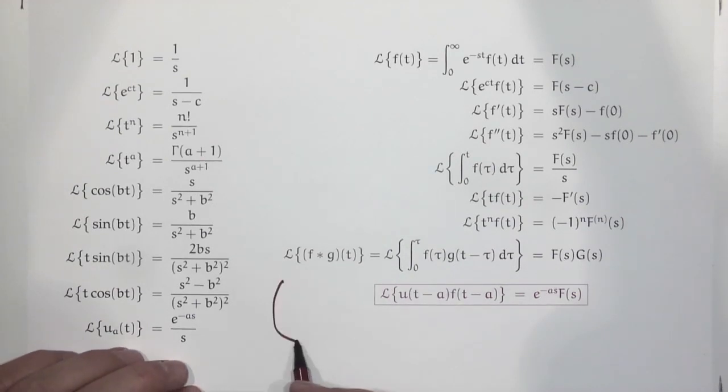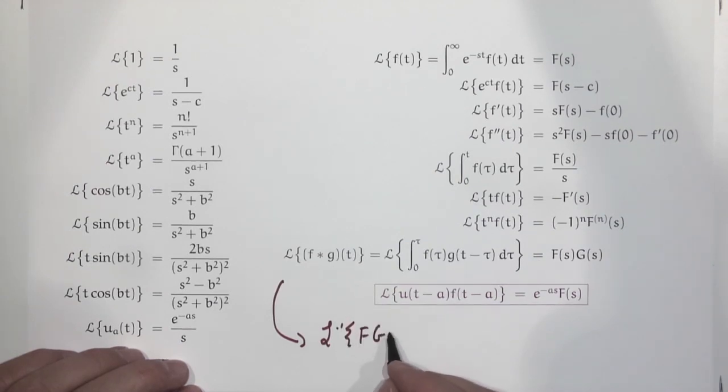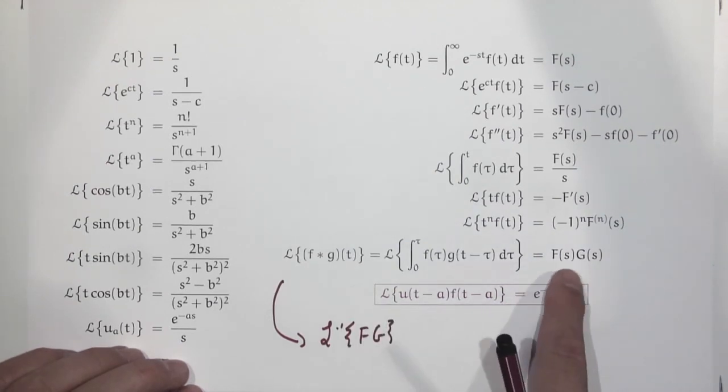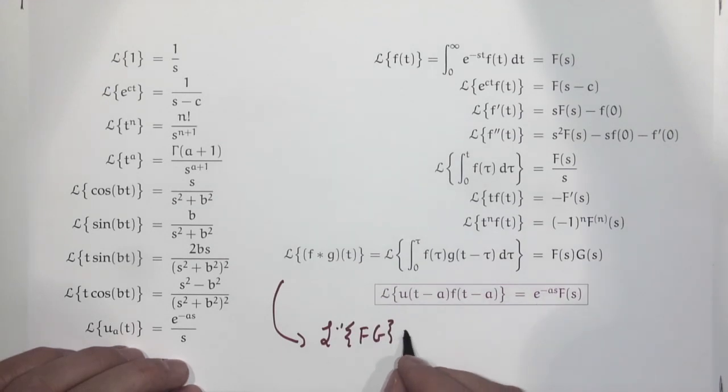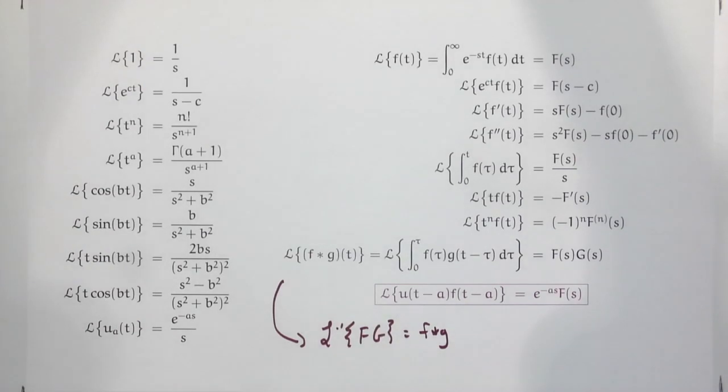But really, this could also have been written as the Laplace inverse of F G is f star g. So make sure you're comfortable enough to say, hey, I understand every rule for Laplace. There's a corresponding rule for the inverse Laplace, and know how to work with them.